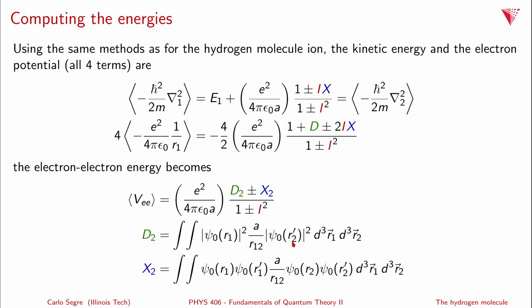We also have x sub 2, which, as you might imagine, has psi 0 of r1, psi 0 of r1 prime. So now you have electron 1 in a hydrogen-like state around each of the 2 protons, times a over r12, and then again psi 0 of r2, psi 0 of r2 prime, the second electron also around each of the 2 protons, integrated over r1 and r2.